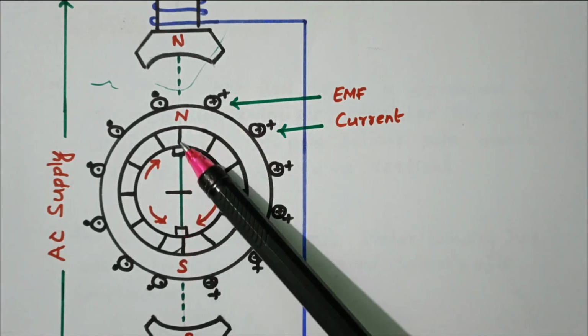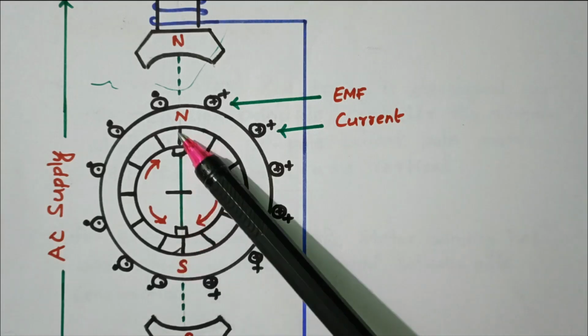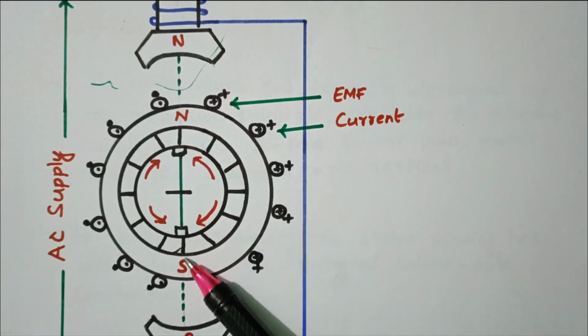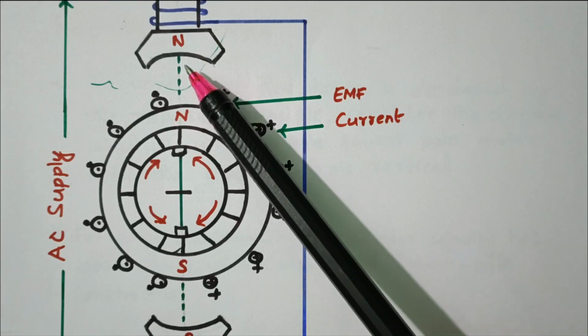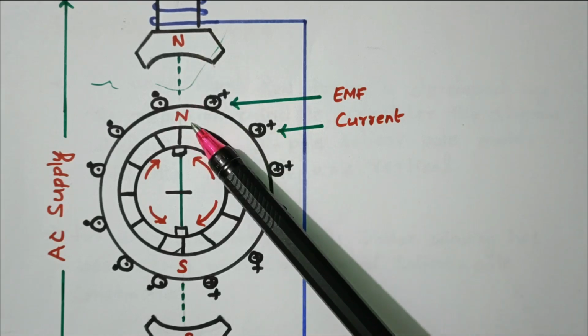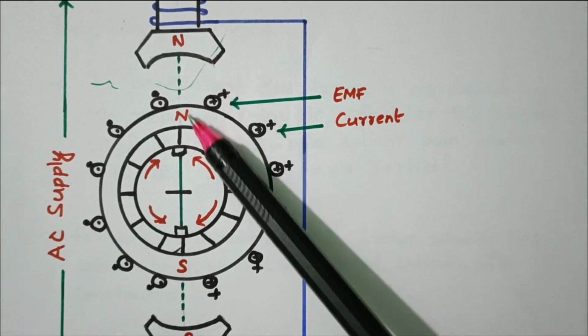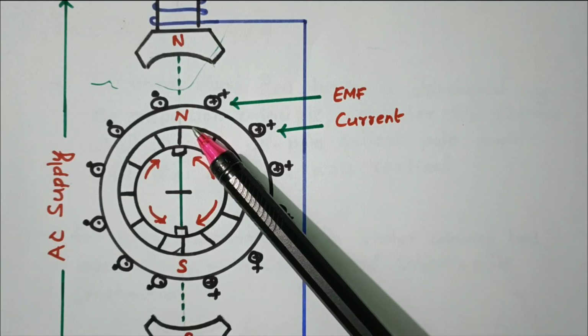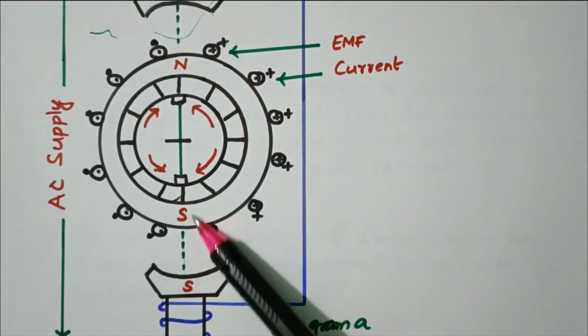The brush holder and brush are aligned vertically with the magnetic axis. This is the stator pole, N pole. This is the rotor, N pole. Both the stator main pole as well as the rotor pole have N at the top. Similarly, S at the bottom.